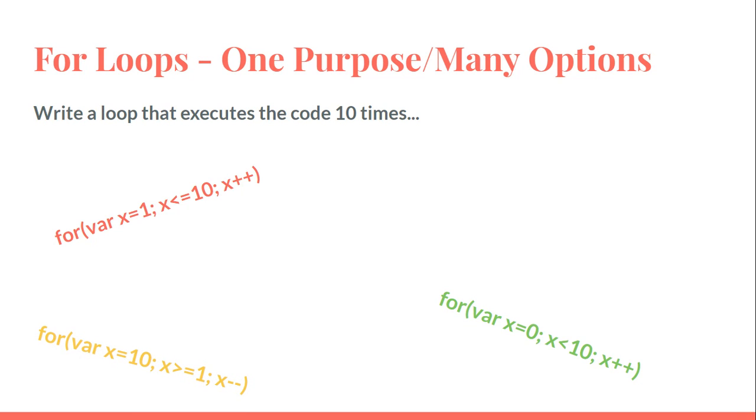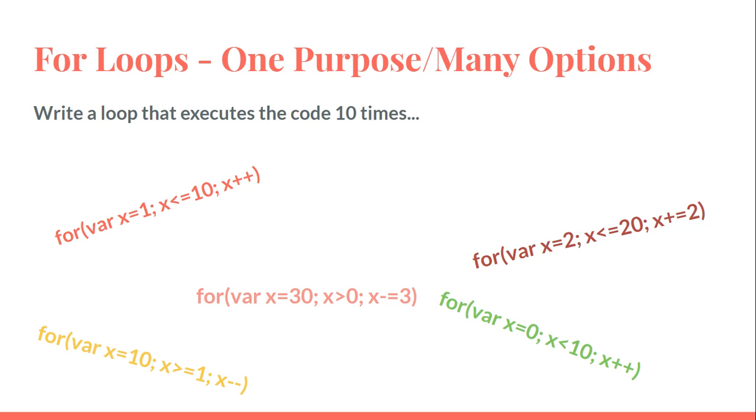Here's another one. For var x equals 10, as long as x is greater than or equal to 1, x--. So now we're counting down. This is going to run at 10, 9, 8, 7, 6, 5, 4, 3, 2, 1. It's going to break when it hits 0. For var x equals 2, as long as x is less than or equal to 20, x += 2, it's going to run at 2, 4, 6, 8, 10, 12, 14, 16, 18, 20.